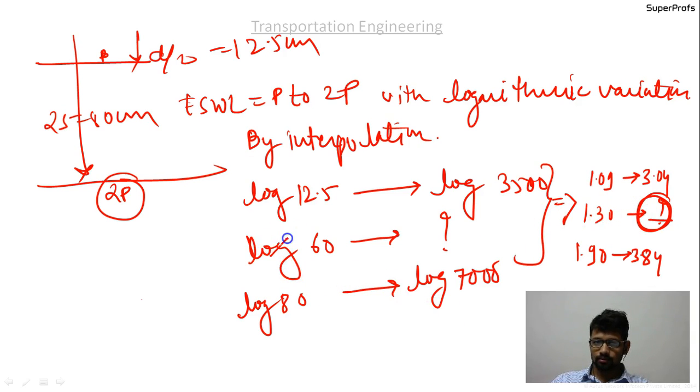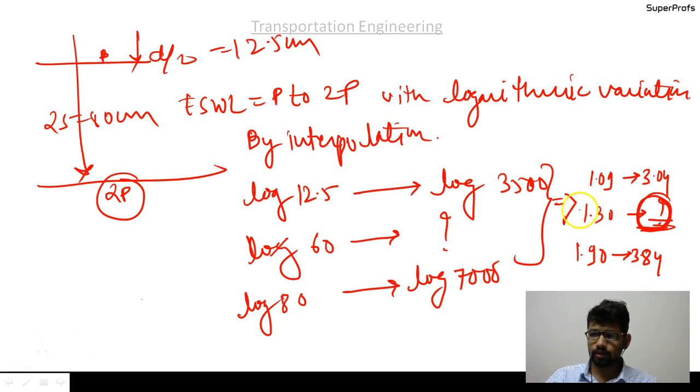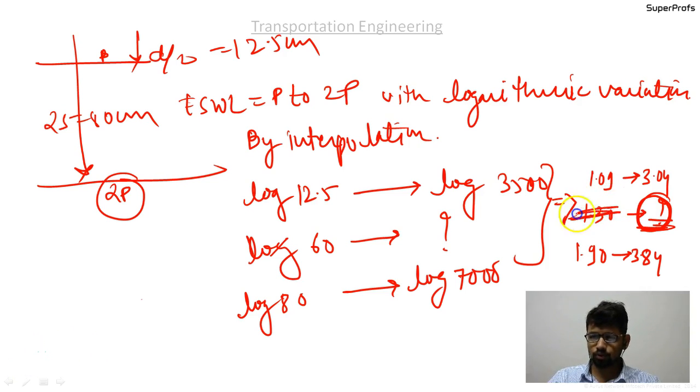Okay guys, this value. So in place of here it is not 1.30, it is 1.77. Okay, and it is not 3.04, it is 3.54. Okay, log to the base 10. Now please do the interpolation.